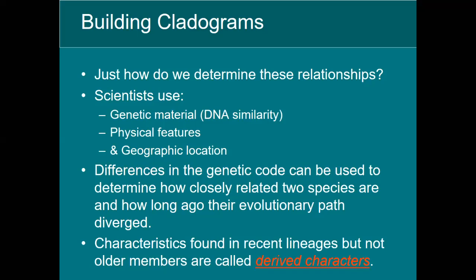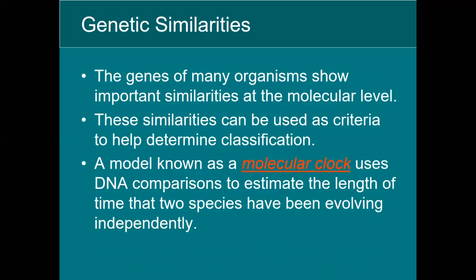And this tool of using genetic similarity to classify organisms at the molecular level is what is known as the molecular clock. Okay, we use how many mutations or differences have accumulated over time to determine how long these two species have been evolving independently.